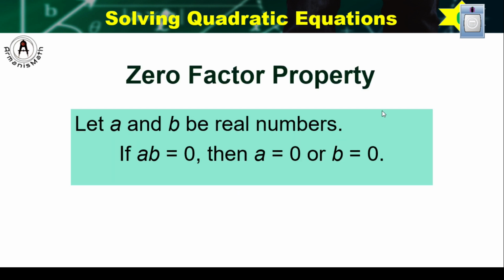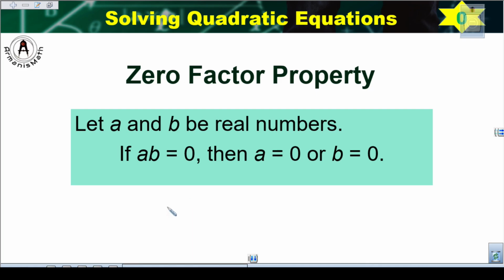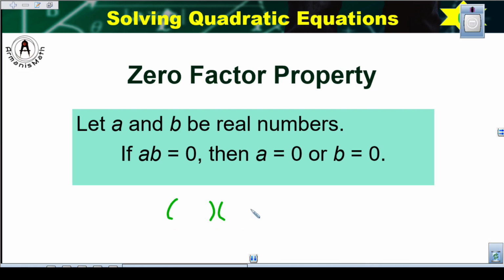There's another thing that I want to talk about, what's called the zero product property. The zero factor property, or zero product property. It says if a and b are real numbers, and a times b equals 0, then a equals 0 or b equals 0. What does this mean? Well, we're going to take a look in a second. For example, let's do something like this: x plus 2 times x equals 0.